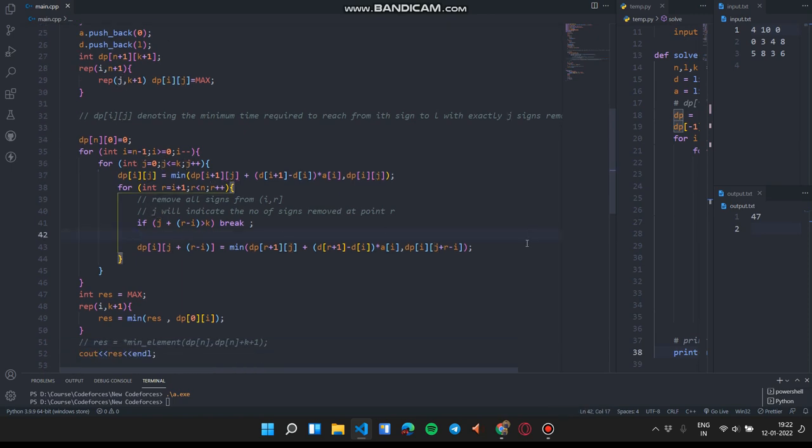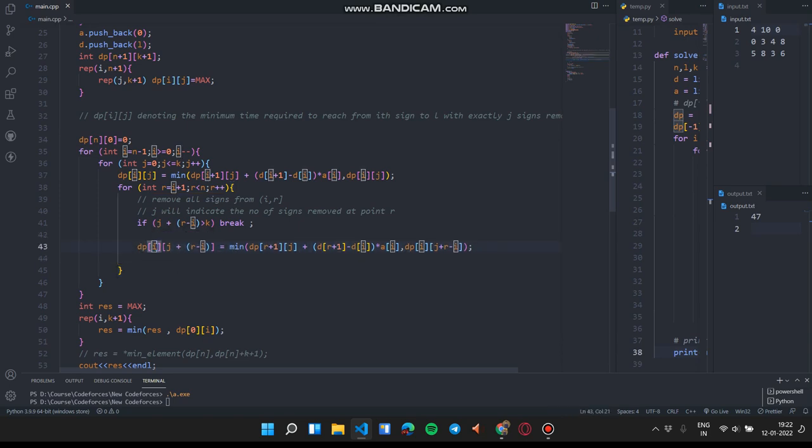So in this transition, dp of i and j plus r minus i, as I have already told, if j signs are removed at r, then j plus r minus i signs will be removed at i. So dp of this will be the minimum of dp of that. This is very important.